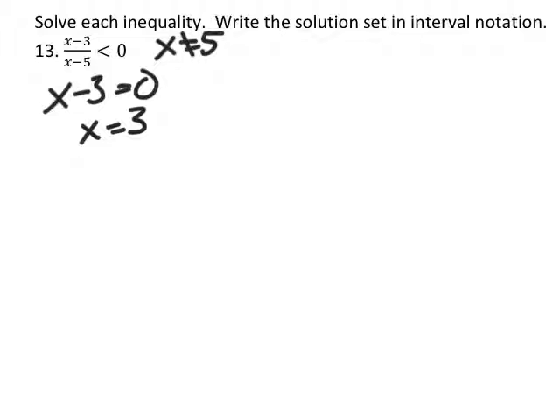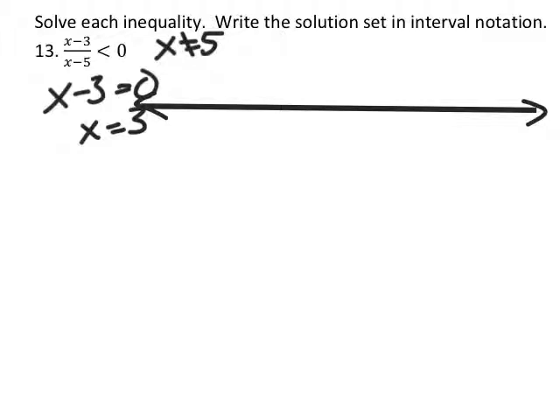Now all we have to do is place these on a number line, which we're going to go ahead and do. And 5, we'll say 3 is right here, 3, 4, and 5. So we'll have other test values, 3, 4, 5.